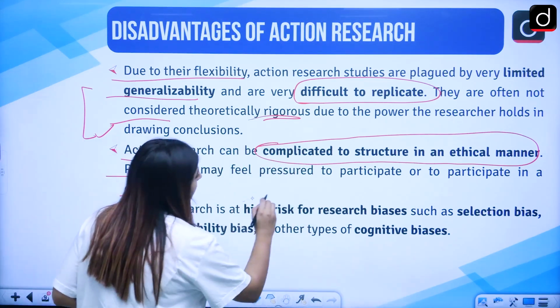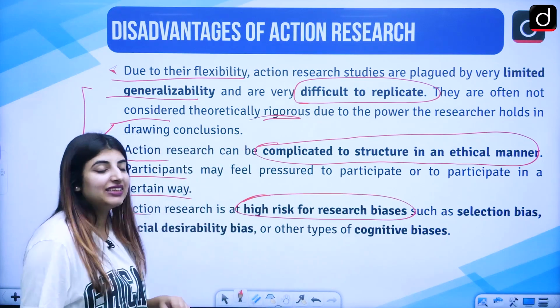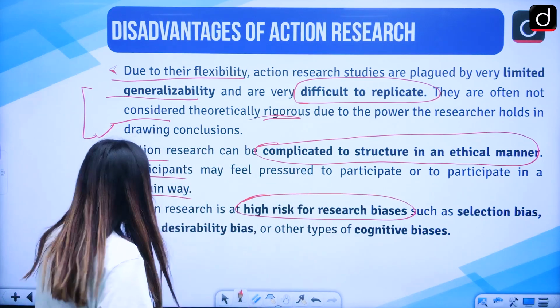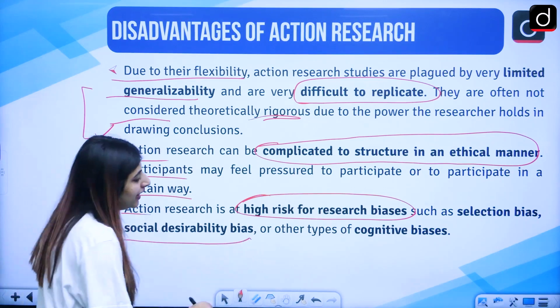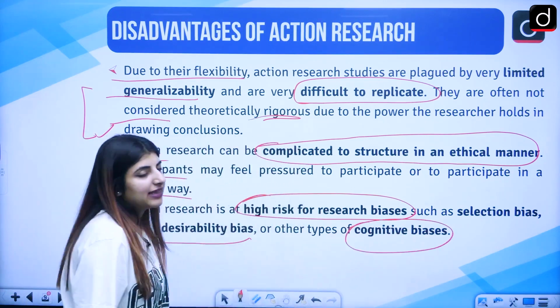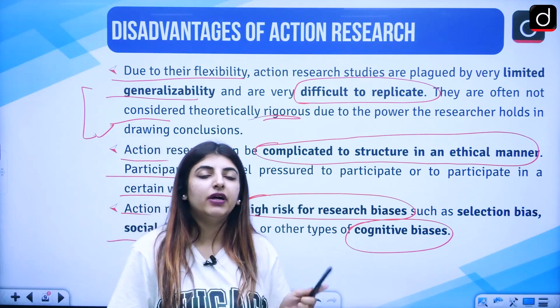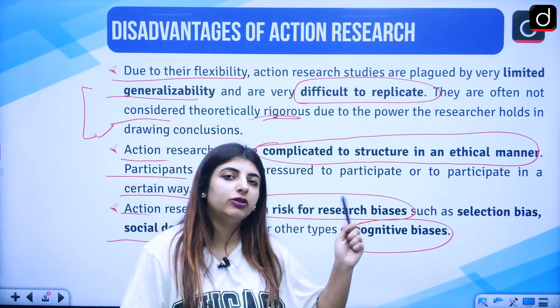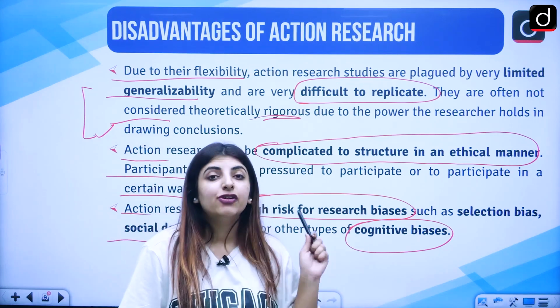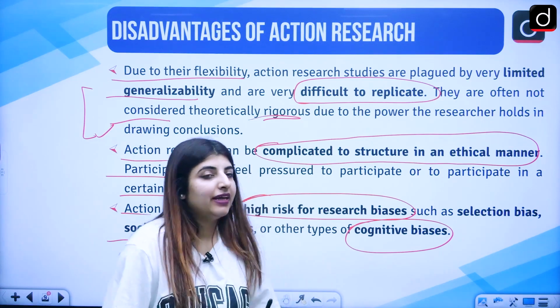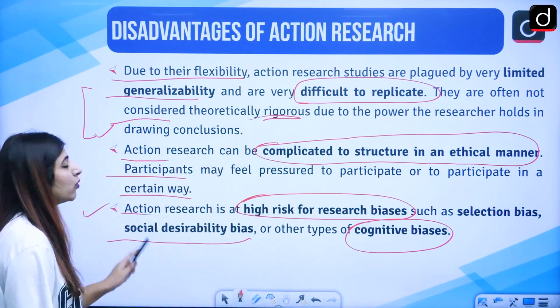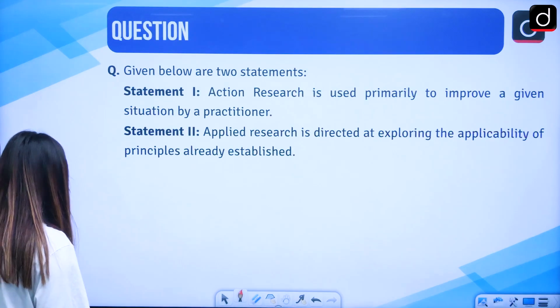It is at high risk for biases such as selection bias. We have social desirability bias and other types of biases. And I will be bringing forward another video for you all where we'll be talking about different types of biases. So stay tuned for that as well. So it is more prone to biases as well.